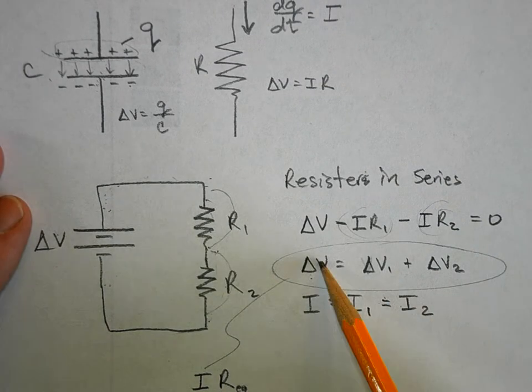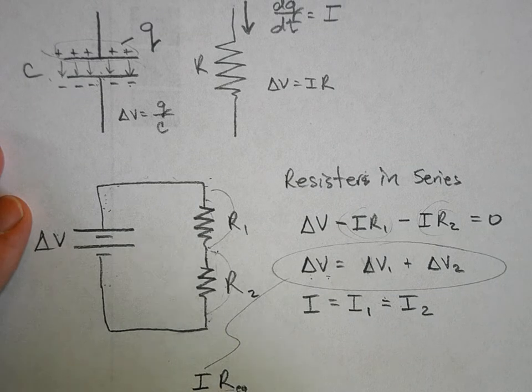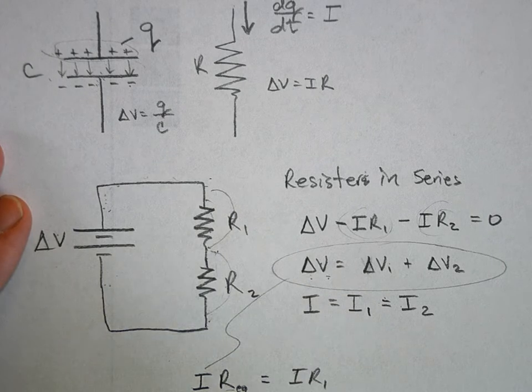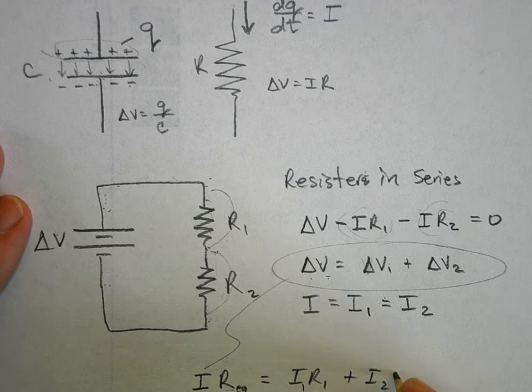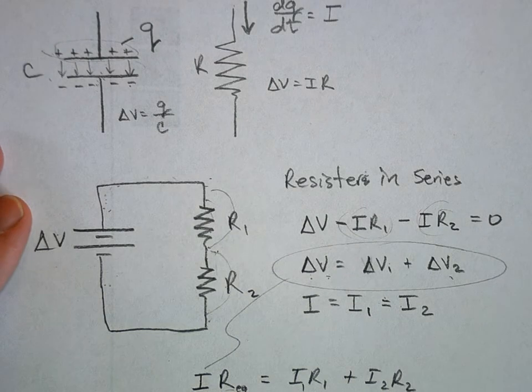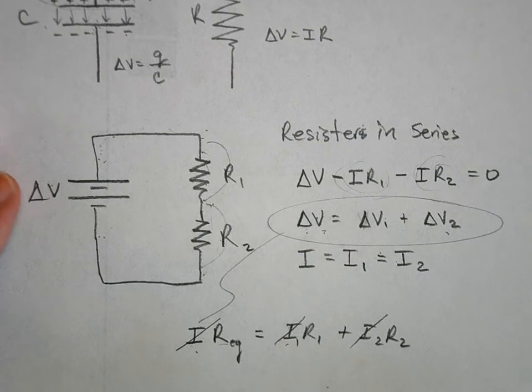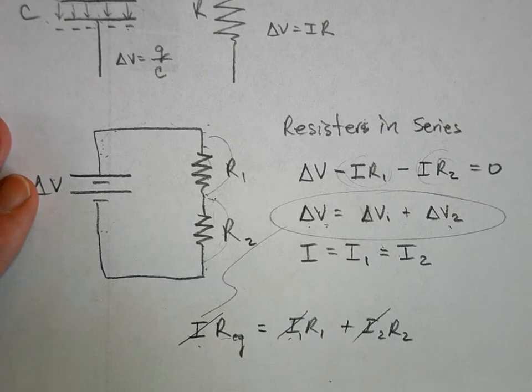So delta V is equal to I times the equivalent resistance. And that's going to be equal to delta V1, but that's I1 R1, plus I2 R2. That is the voltage drop across there. But of course, what's true about all these currents? They are the same, so you divide by them. You cancel them out, and you get the equation for the equivalent resistance.